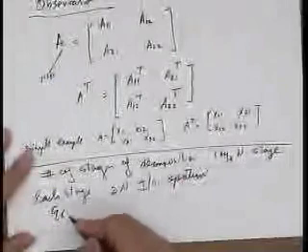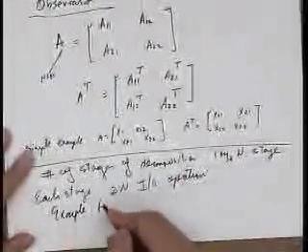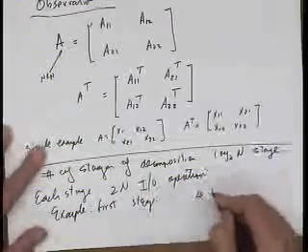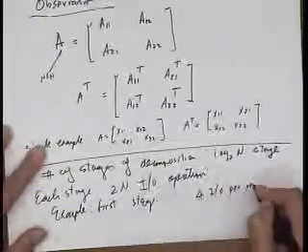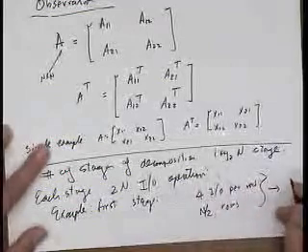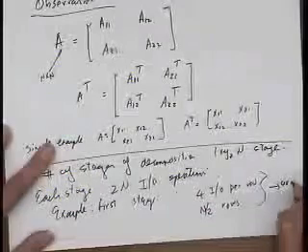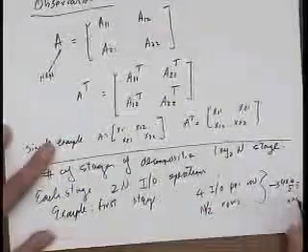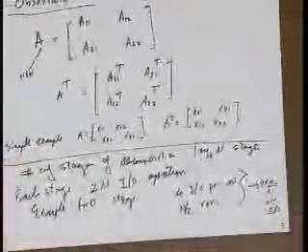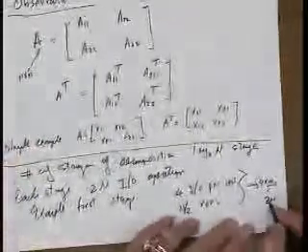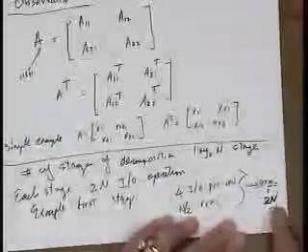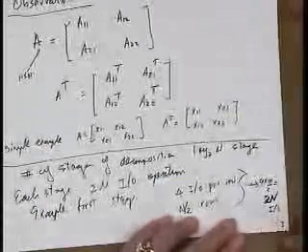As an example, let's just look at the first stage. If I look at the first stage, I have to do 4 IOs per row, and I have n over 2 rows. So multiply these two things together, I get 4 times n over 2, which is about 2n IOs. Okay, and I realize I'm writing too small now. You might not be able to read, so let me make this bigger. So it's 2n IOs per stage.